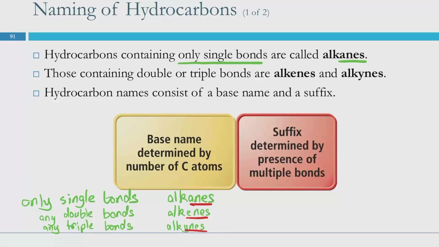And our naming for these is we're going to have a base name. The base name is determined by the number of carbon atoms. There are lots and lots of options based on the number of carbon atoms. And then we'll have a suffix based on the multiple bonds. So if there are single bonds, double bonds, or triple bonds, then we get changes to the endings.